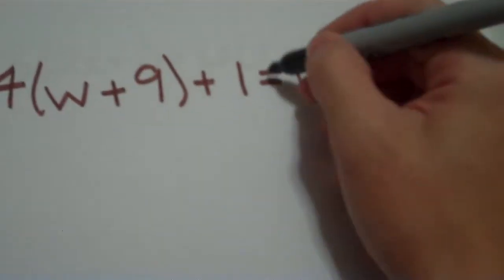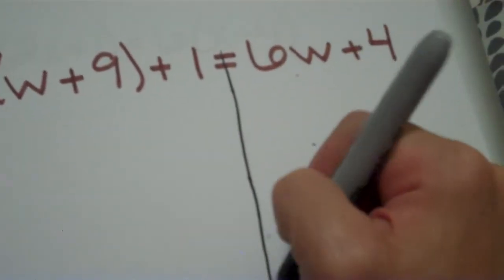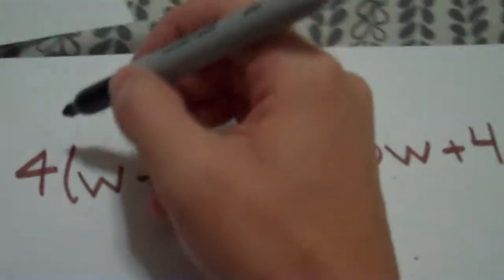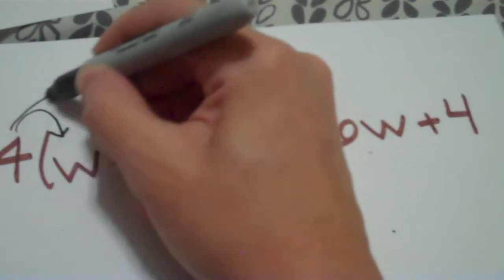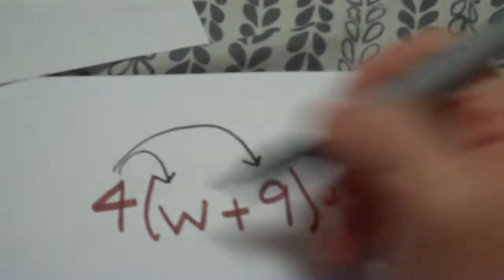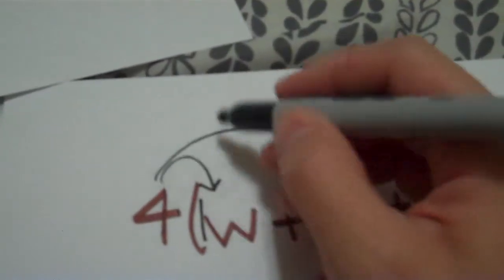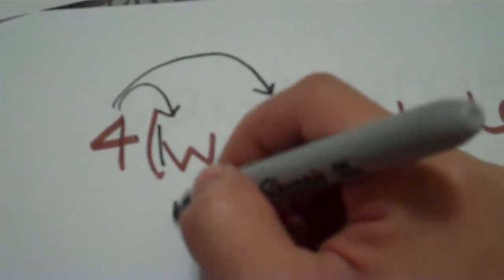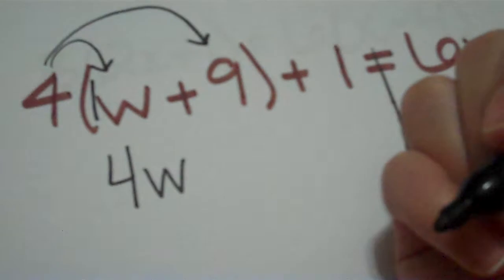Okay, so we draw our line. Long line. So my first step is distribute. Can I distribute here? And you should say, yeah, I can distribute right here. Right? There is no number here, so the number is 1. So 4 times 1 is 4. So 4W.